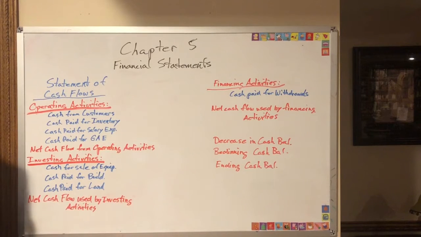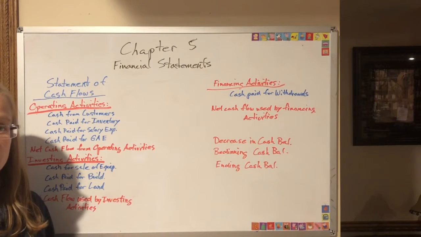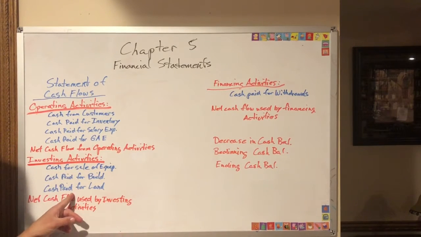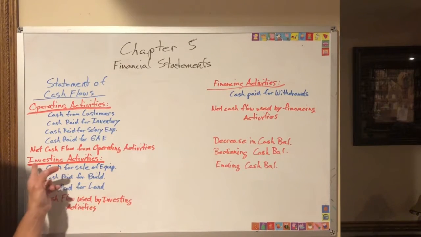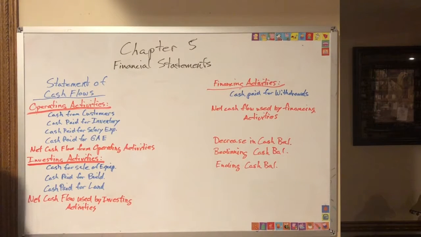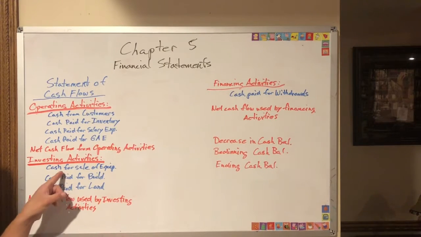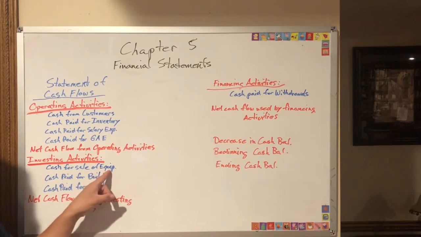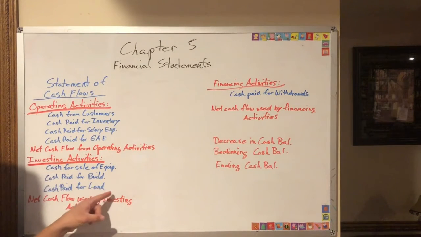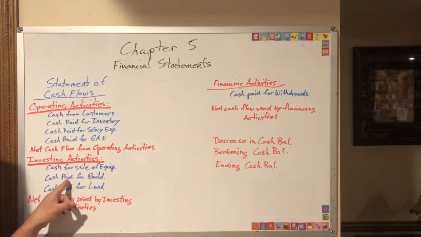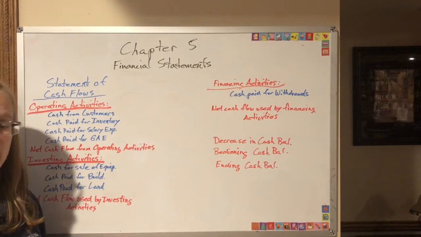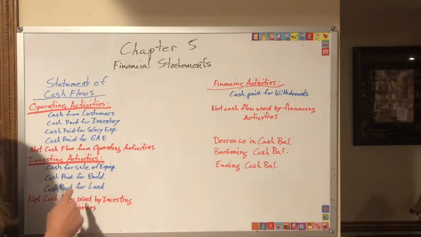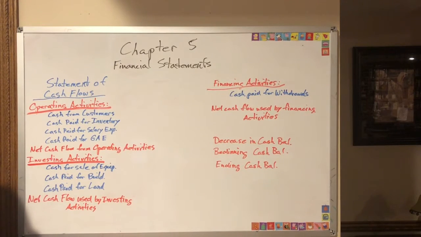Cash paid for land: again, land would be an investment, so the purchase of the land would be recorded under investing activities. Then you would have the net cash flow used by investing activities. Since you got cash for sale of equipment, that would be subtracted from the amount that was paid for the building and the land. But again, you won't have to calculate that.